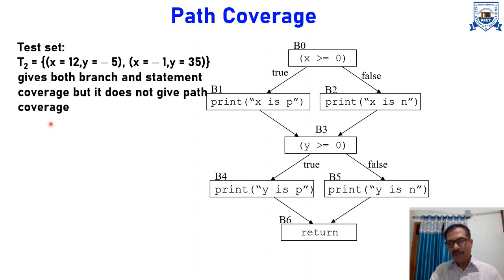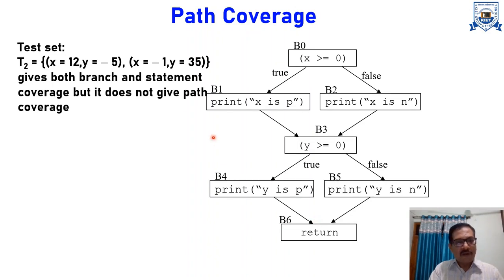Now you check it out. So x equals 12 and y equals -5. You see, x is greater than 0. Yes, true. Come this way. Print x is positive. Then come here. Check the y value. It is false. Come this way. Print y is negative and return. So you are following the path B0, B1, B3, B5 and B6.